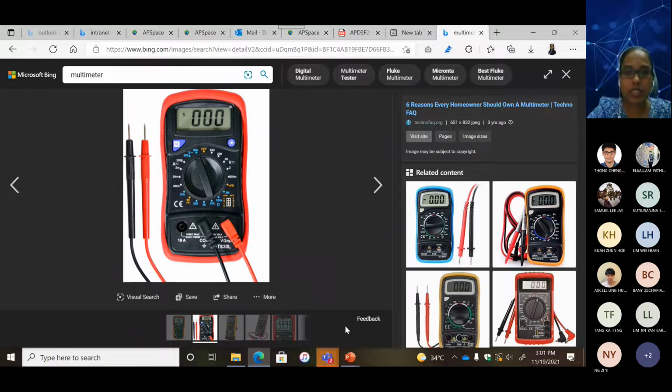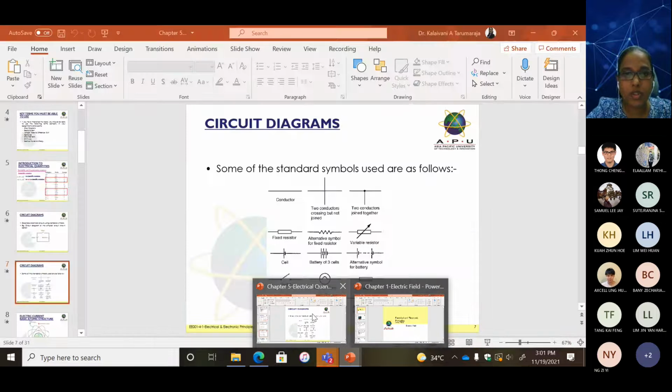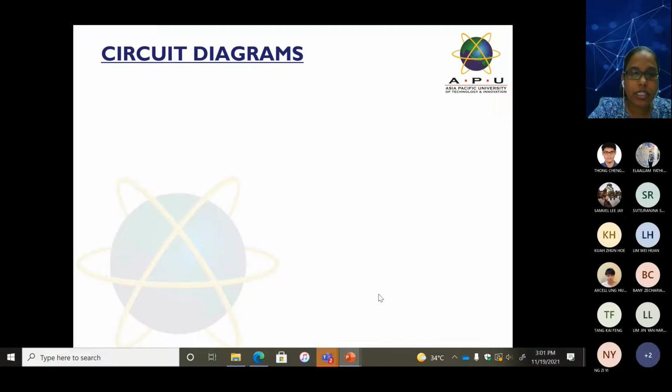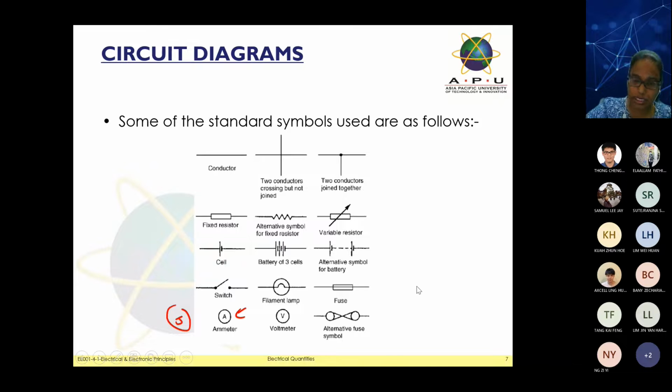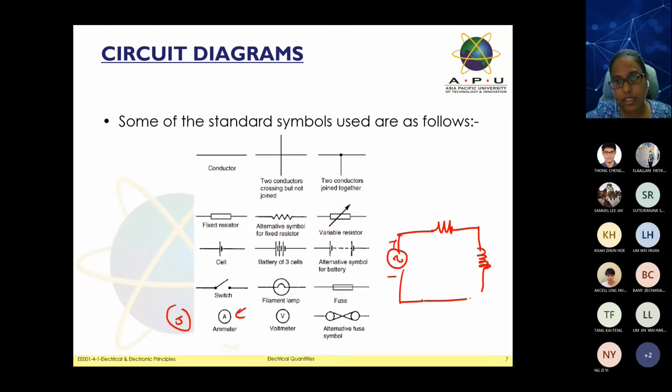So the one we have in your slide shows you the symbols, ammeter and voltmeter. When we have a schematic based on your circuit, for example I have the source battery, then I have a resistor, then I have an inductor, then I connect them.